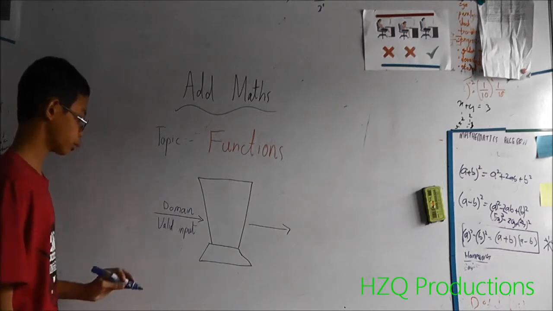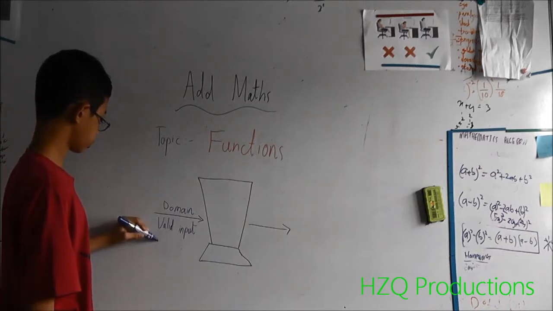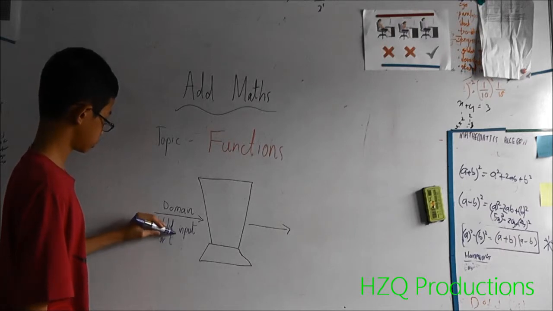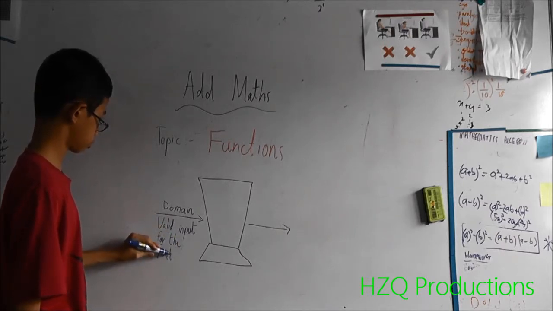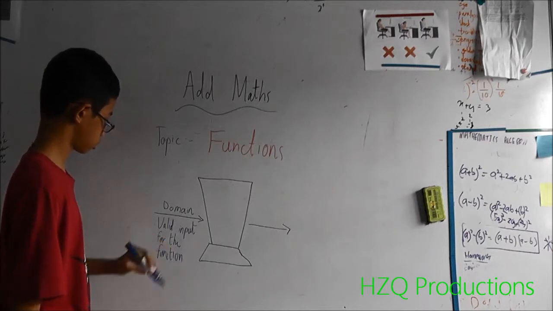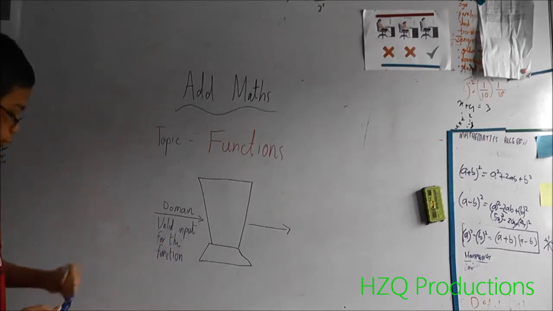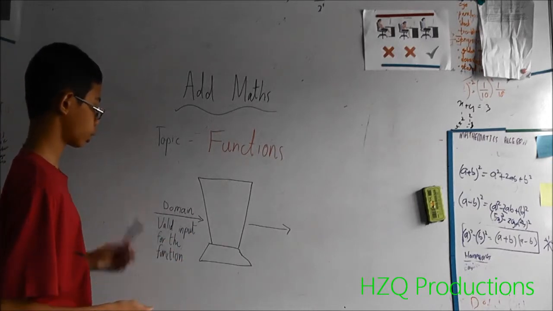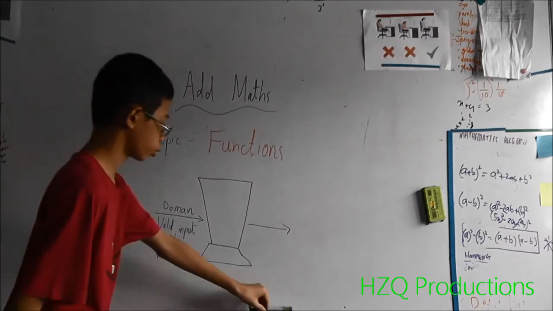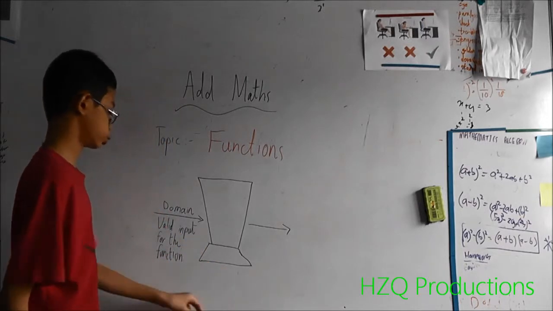Okay, a valid input for the function. Like an apple can be placed in the juicer, but not a toy car, or things other than fruits.